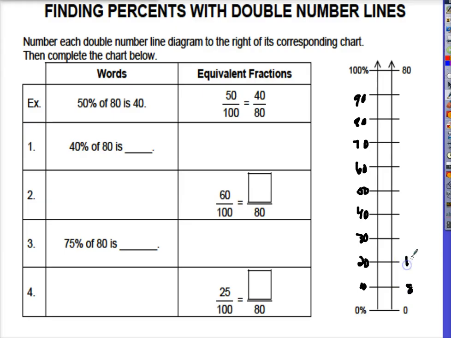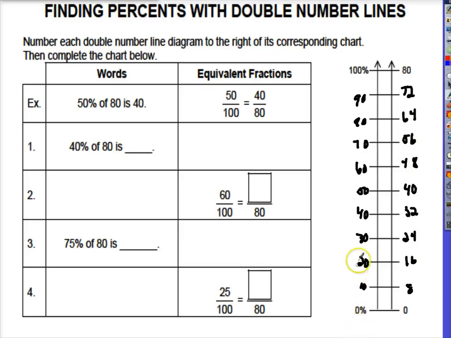So 8, 16, 24, 32, 40, 48, 56, 64, 72. So I have my numbers in increments of 8.